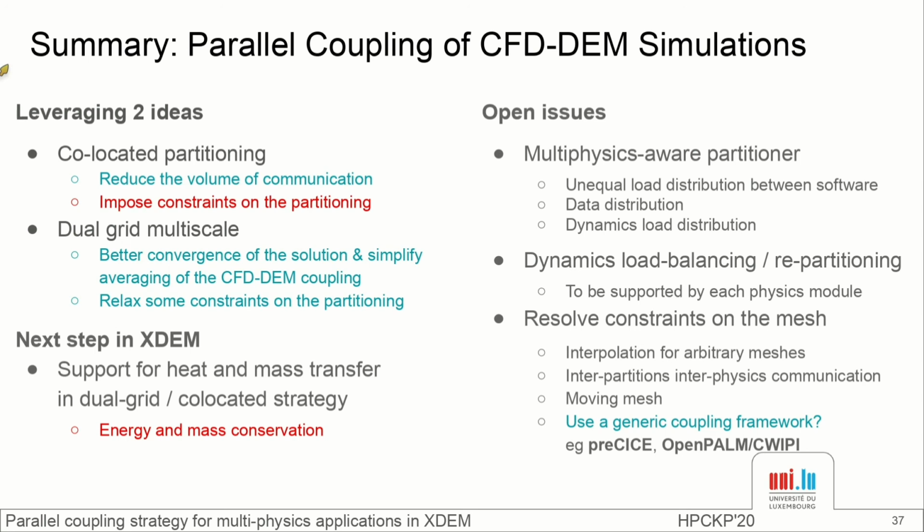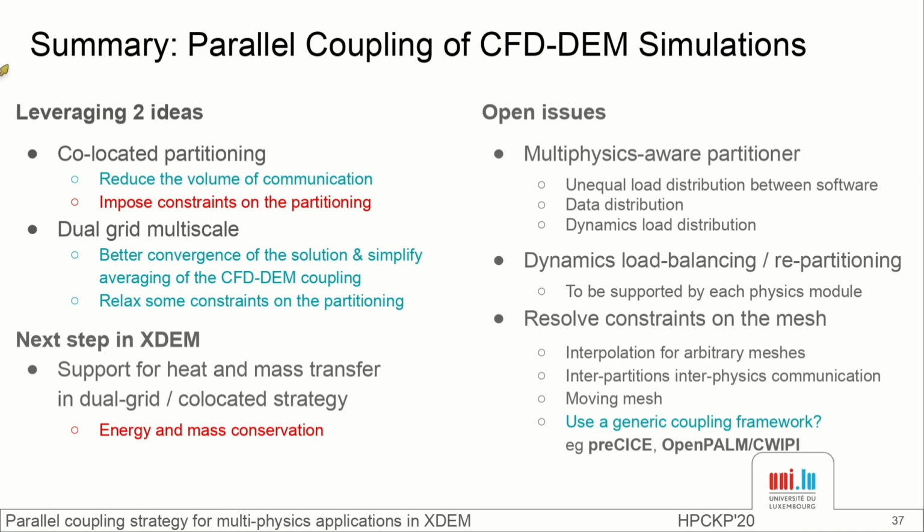This is something to be taken into account by such a multi-physics aware partitioner. It means that we have to do dynamic load balancing and repartitioning, and that has to be applied to each of the software taking part in this coupling. Then we are dependent on the capability of this software.